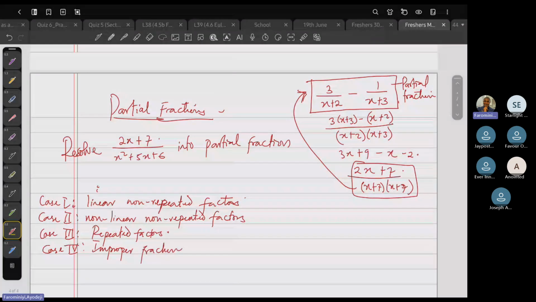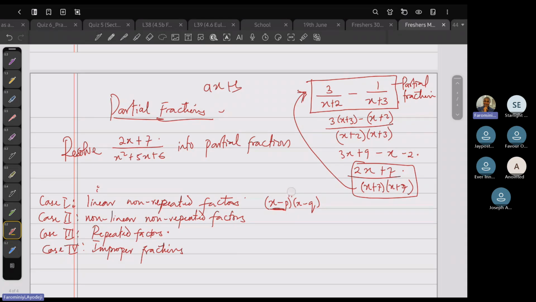So what do you mean by linear non-repeated factors? So when your denominator is something like x minus a, x minus b, or let me say x minus p, x minus q, this is what we call linear, something that looks like ax plus b, that is linear. So the highest power of x is 1. And non-repeated means you don't have any power on them.